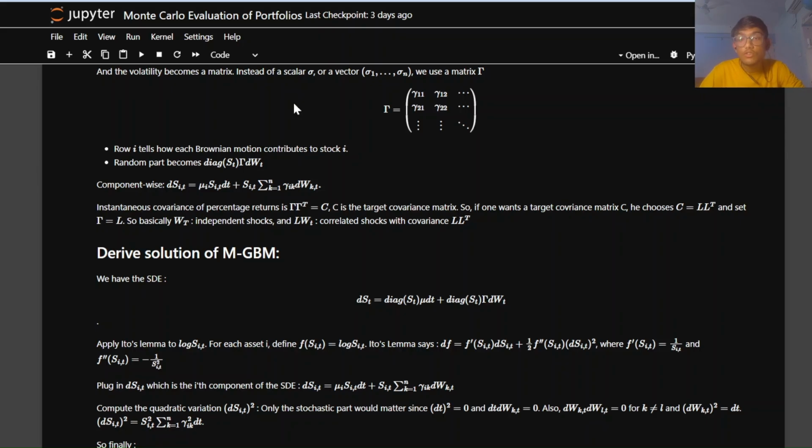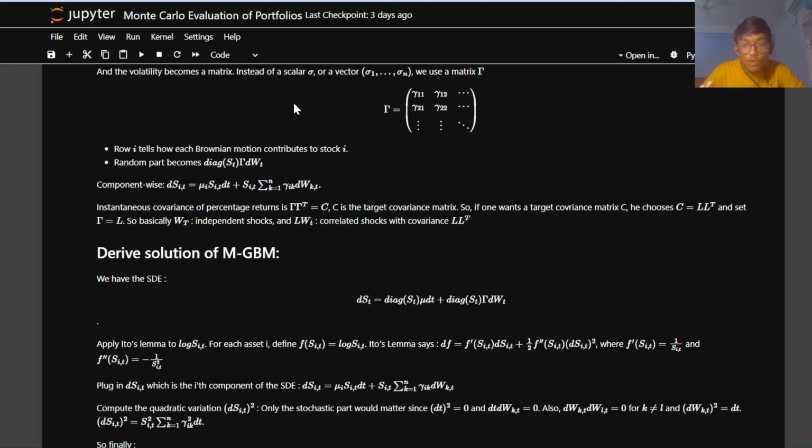So before proceeding to solve this SDE for the M-GBM case, there's something that one should note. It turns out that the matrix multiplication of gamma with its transpose gives us a covariance matrix. And if someone has a target covariance matrix in mind, then he can find out what his gamma should be. This technique of finding what the gamma should be, given a certain target covariance matrix, can be done by something called the Cholesky decomposition.